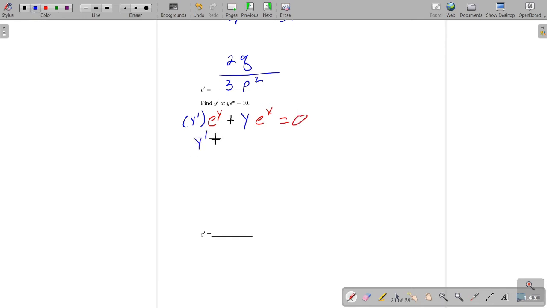So y prime e to the x equals negative y e to the x. Dividing everything by e to the x, I get y prime equals negative y.